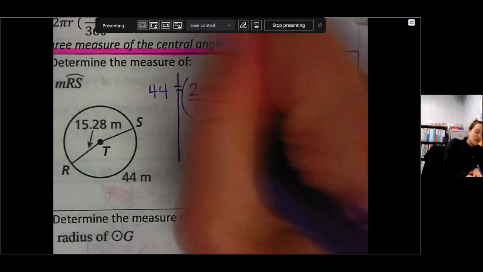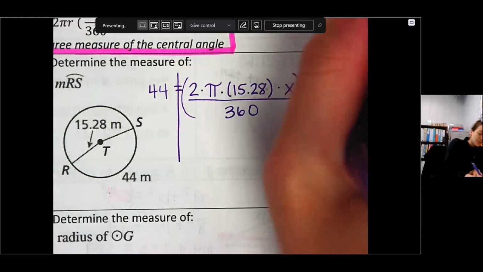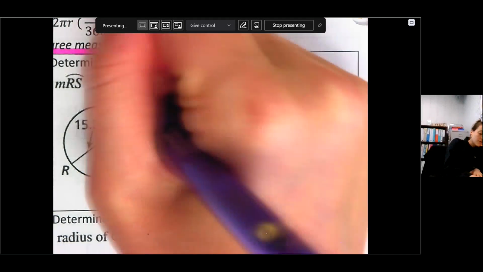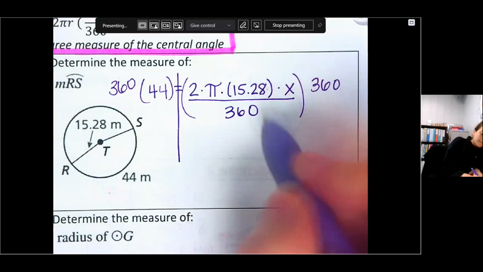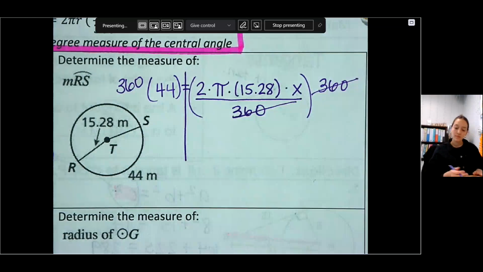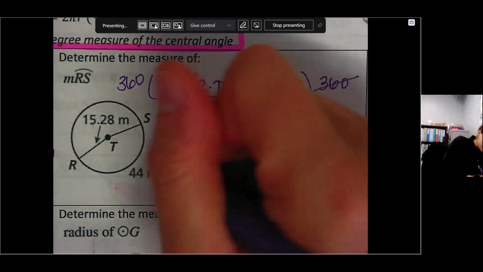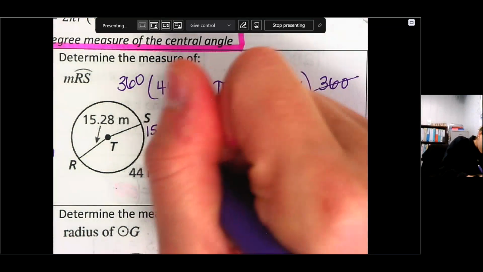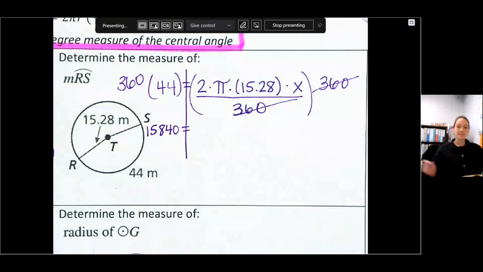Perfect. So we'll start first by multiplying by 360. We'll get rid of that fraction. That's going to be a big number. I should have written smaller. 1, 5, 8, 4. Okay, great.